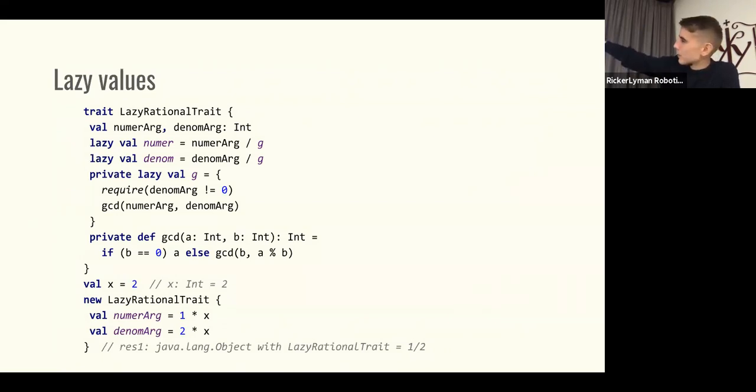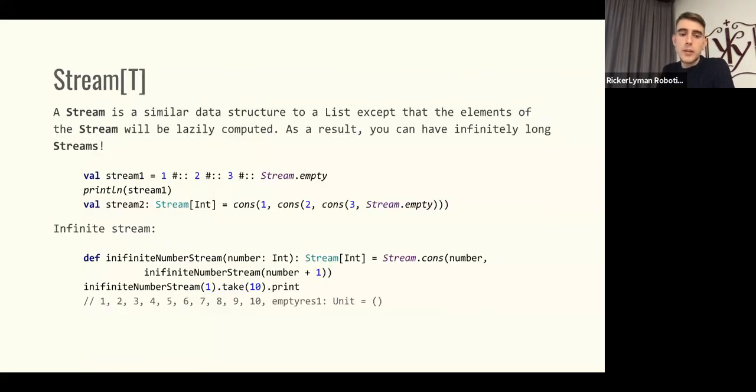For instance, when we define the numerator and denominator, the denominator can be supplied equal to 0, and in this case the whole thing will fail. But as they are defined lazy, they will not be instantiated until at least the class itself is instantiated. Yeah, this is one of the cases we could use it.